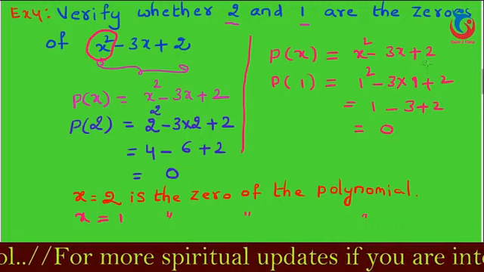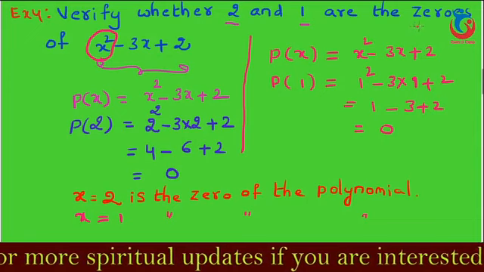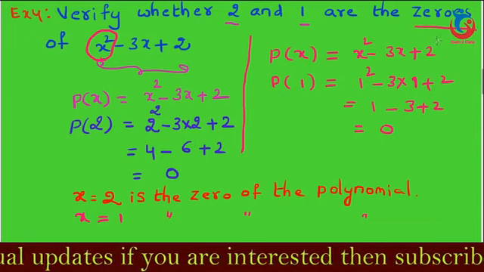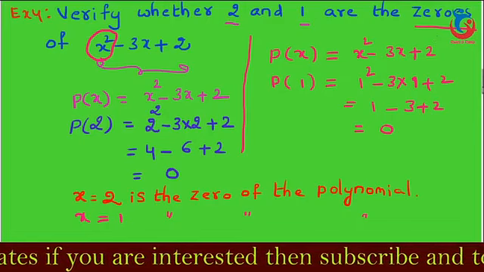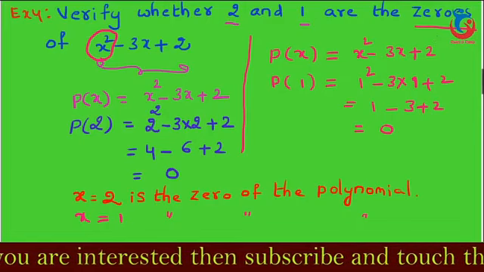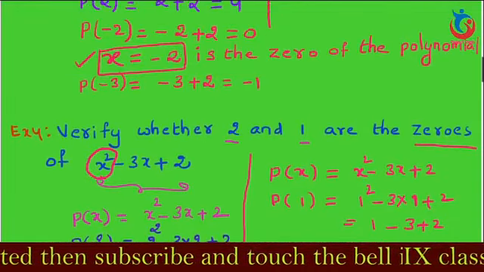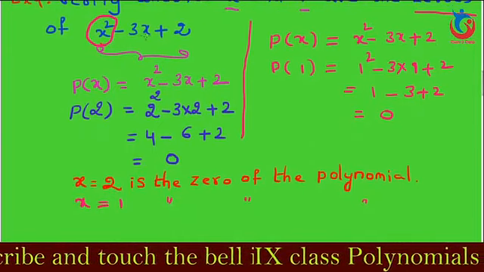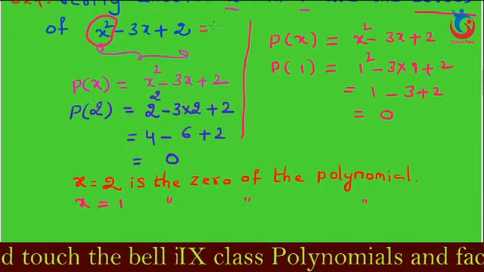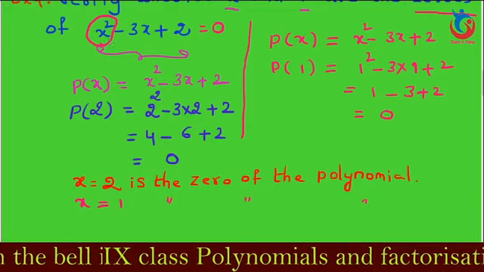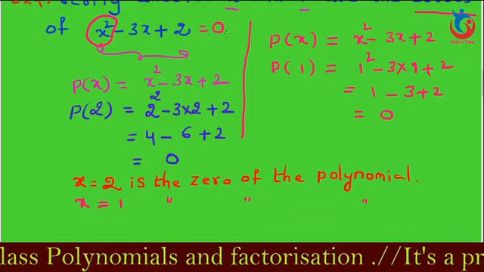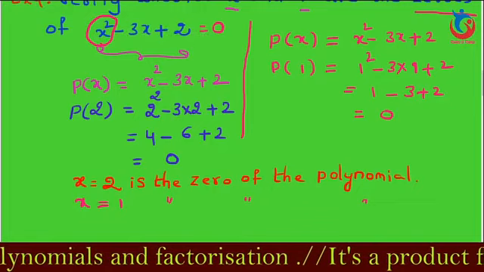I have used one word, that is root. So zeros and roots are both the same. Actually both give the same meaning, but when will we use the words root and zeros? I will explain. If the question is given as x square minus 3x plus 2 is equal to 0, then it becomes an equation.